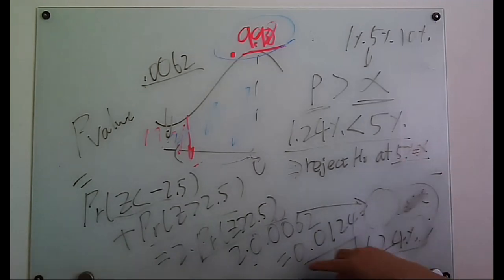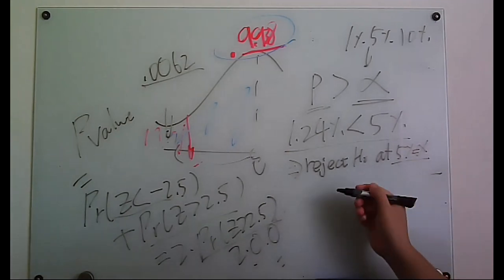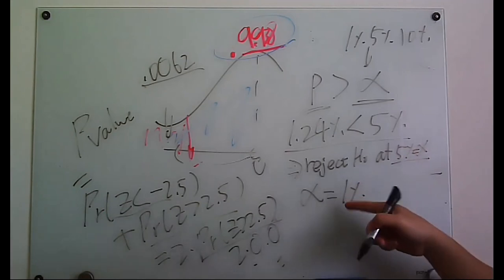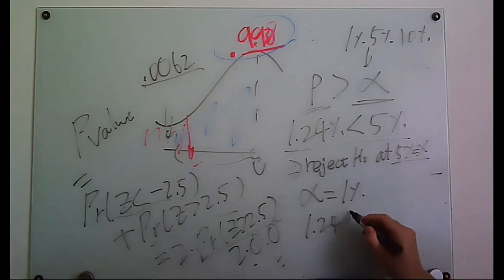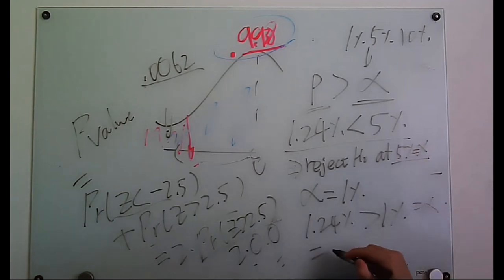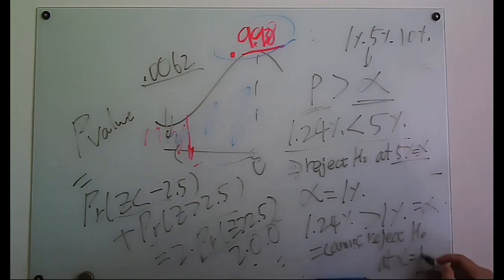But say we decide to choose alpha equal 1%. In this case, 1.24% is greater than 1%, our alpha, right? So you say we cannot reject the null at alpha equal 1% level.